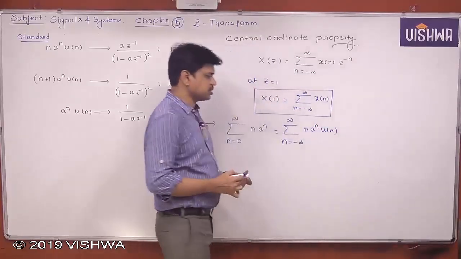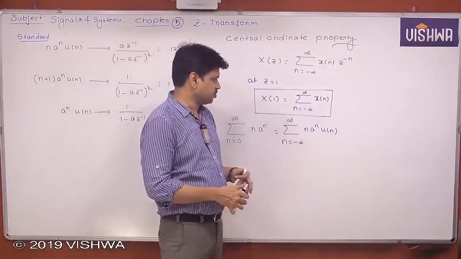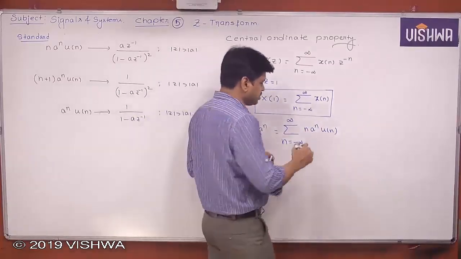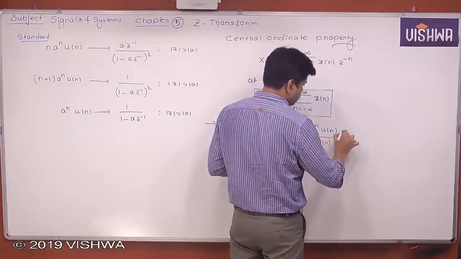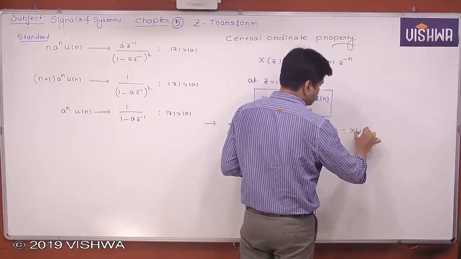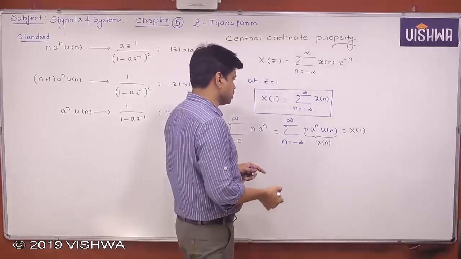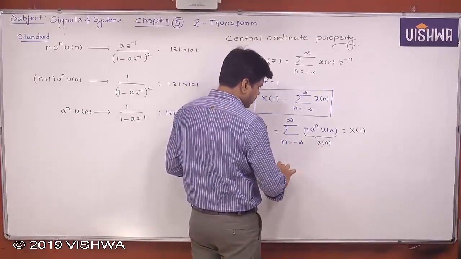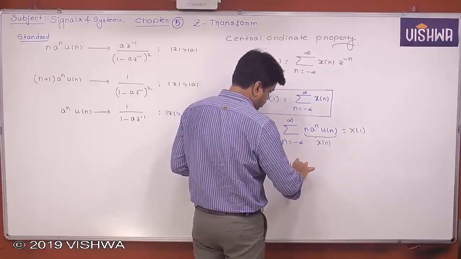We can write like this. If I remove this u of n, this is going to be 0 to infinity. So I can say this is x of n. Then can I say this is X of 1? That means if you know X of z, in that we have to place z is equal to 1. For this signal x of n, n a power n u of n.